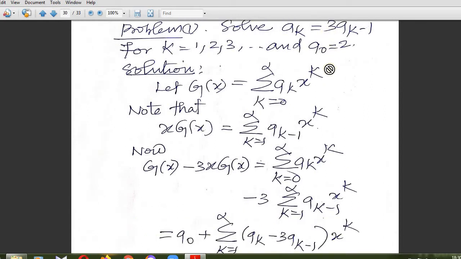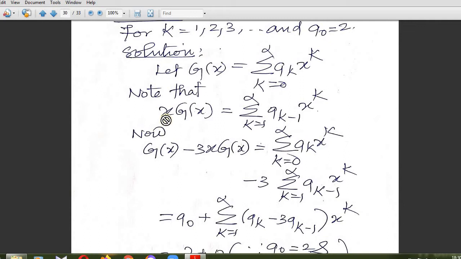Okay, after discussion, let us solve it. We know already g(x) equals the summation of a_k x^k. This is the definition of the generating function. Suppose I multiply by x. What will take place? This summation will become like this, with k equal to 1, then you will get a_0 x^1, like that.